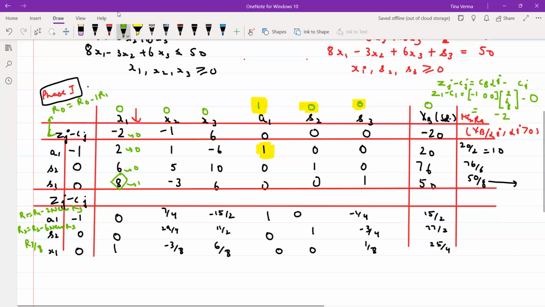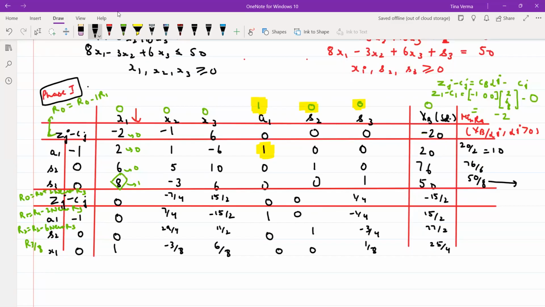So what operation will you apply on R0? R0 will be R0 plus 2 times your new R3. So that entry will become 0, minus 7 by 4, minus 15 by 2. This is 0, this is 0, and this is 1 by 4.